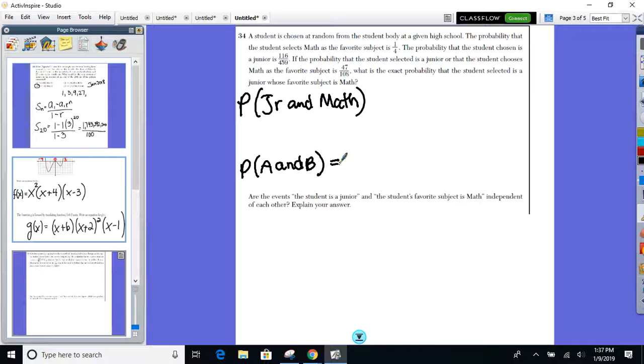It's the probability of A plus the probability of B, and then hopefully you remembered to subtract out the or.